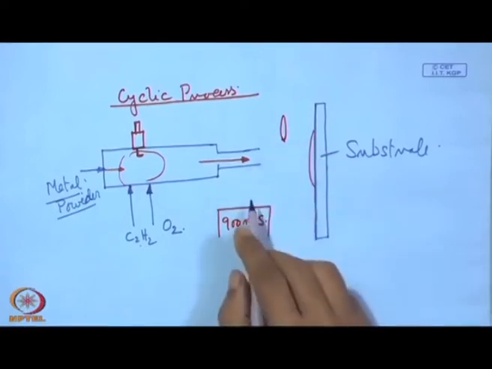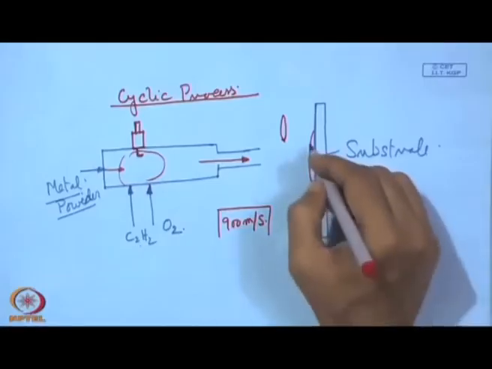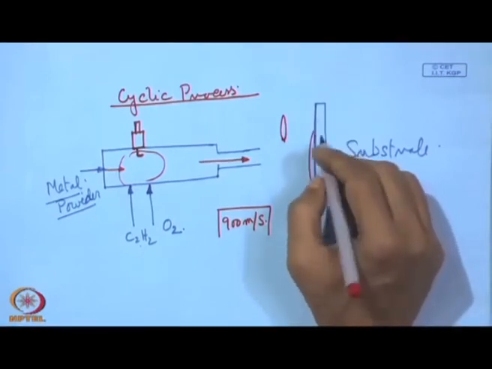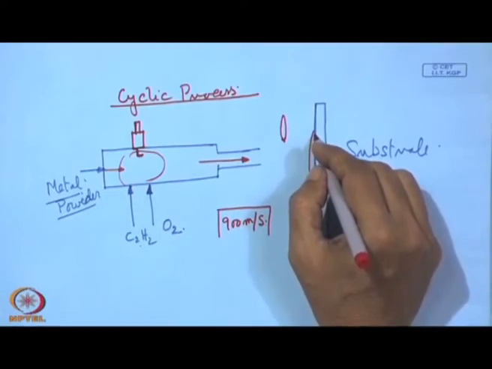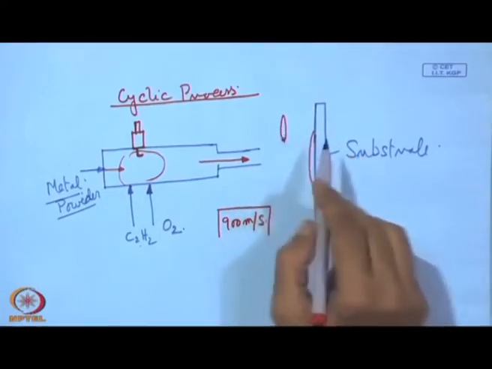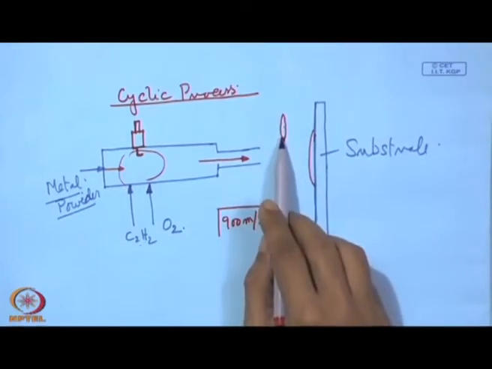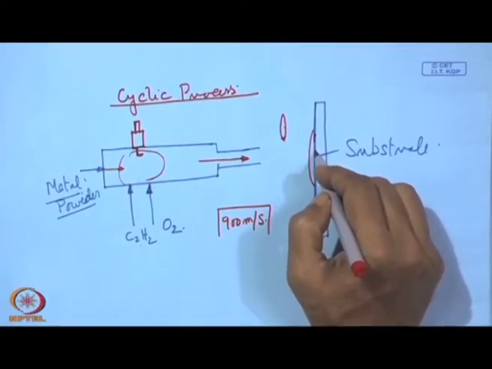But since the striking velocity is very high, we can expect a better densification of the coating and better intimate contact with the substrate, which is already roughened. So, we expect a much better intimate contact because of the plastic deformation of this fluid, which is already deformed and having a better contact with this surface.